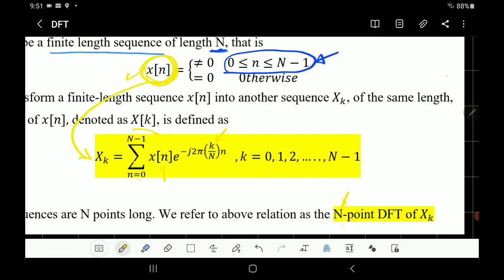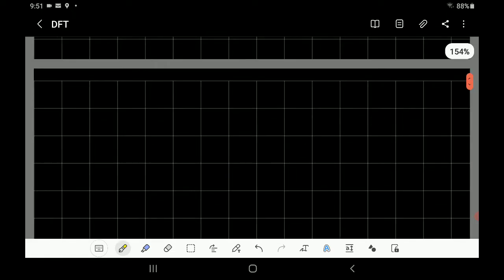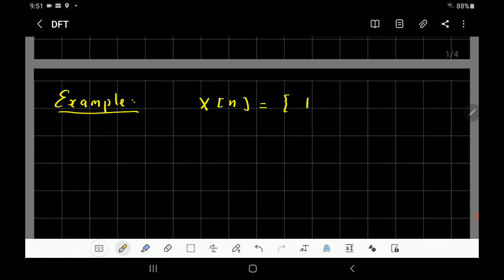To understand this, let's take a simple example, step by step, how you calculate the discrete Fourier transform of a sequence. Let's assume that we have a sequence x of n equal to 1, 1, 0, 0.